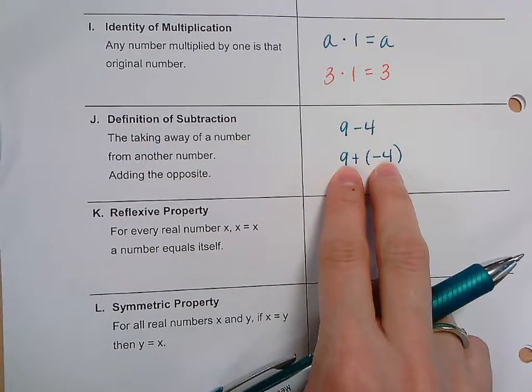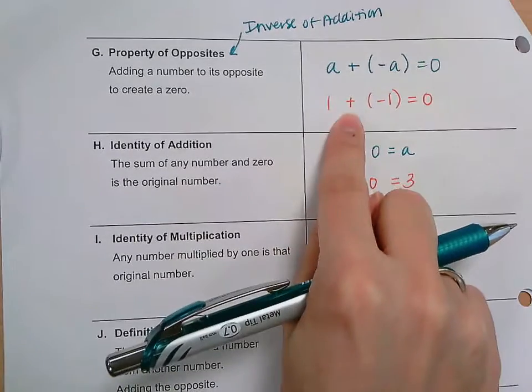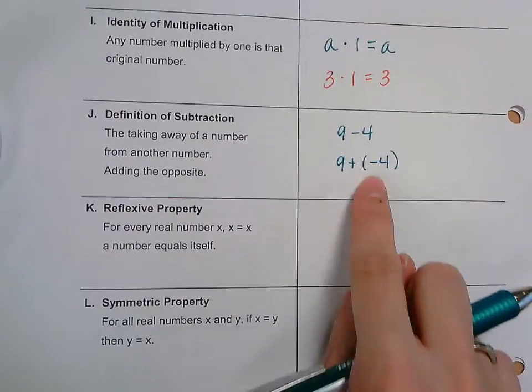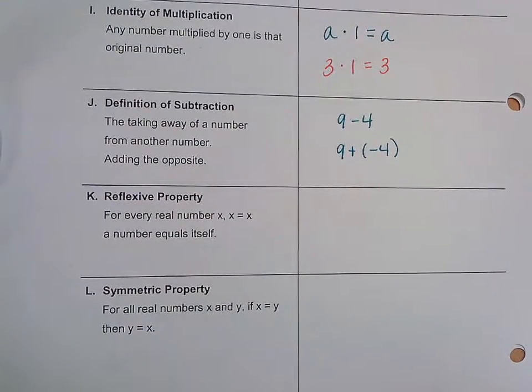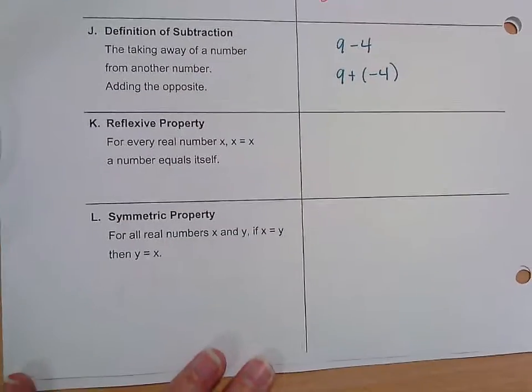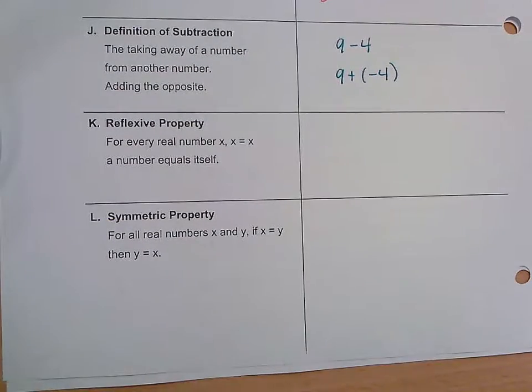They're not opposites because they're not adding to 0, but you're adding the opposite of 4 to the 9. If you see that in a problem, that would just be the definition of subtraction.